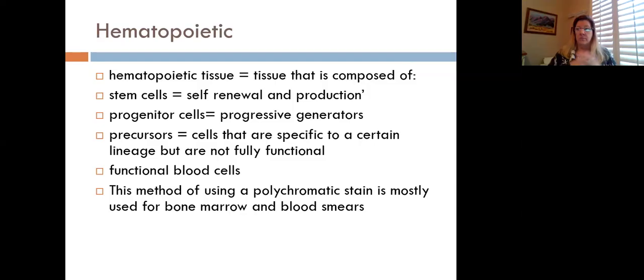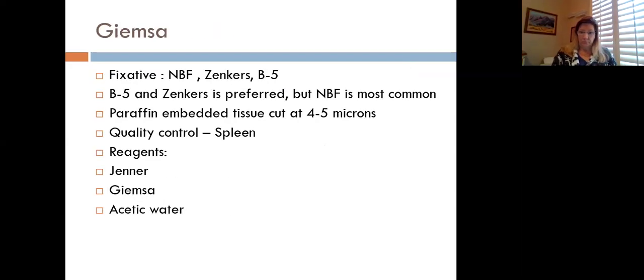So that person who has bone, know that this is sort of what you're going after. The Giemsa stain is one that we use on hematopoietic tissues.